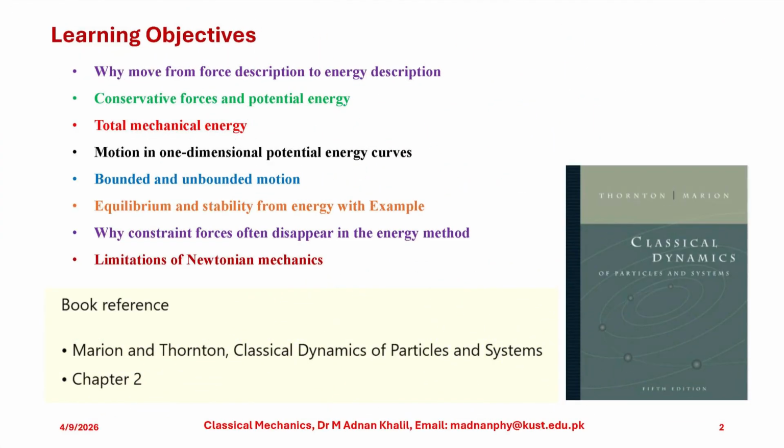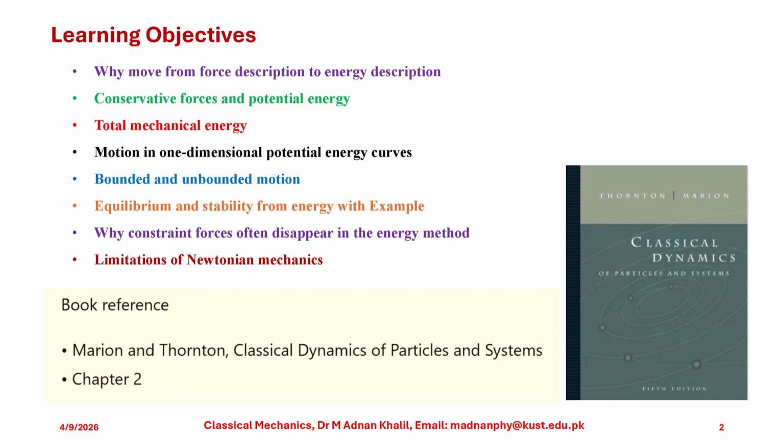In this lecture our goal is to understand why the energy description is useful in mechanics. We will study conservative forces, potential energy and the total mechanical energy. Then we will use the potential energy curves to understand allowed motion, turning points, bounded and unbounded motion and equilibrium along with its stability.